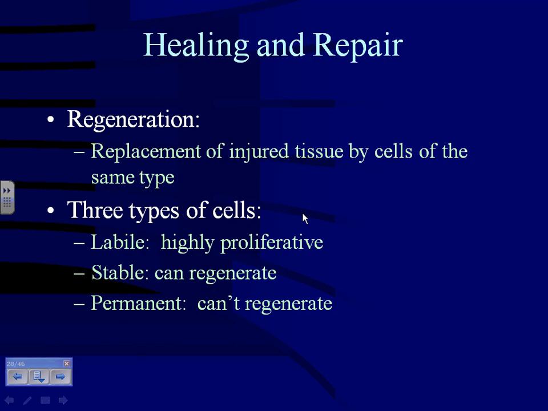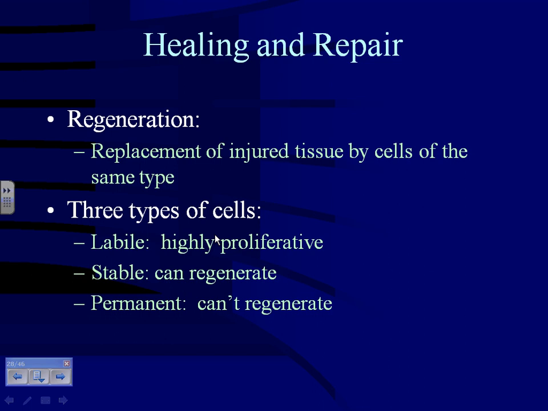All right, what about healing and repair? Obviously, in response to inflammation, there's going to be healing and reparative changes, regeneration, that's going to respond to the inflammatory conditions. Regeneration refers to replacement of the injured tissue by cells of the same type. And there's three types of cells. There's those that are labile, others that are stable, and others that are permanent.